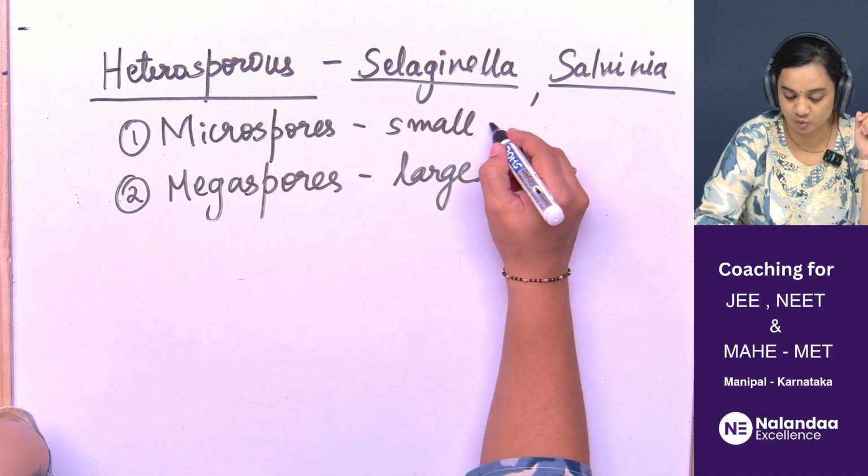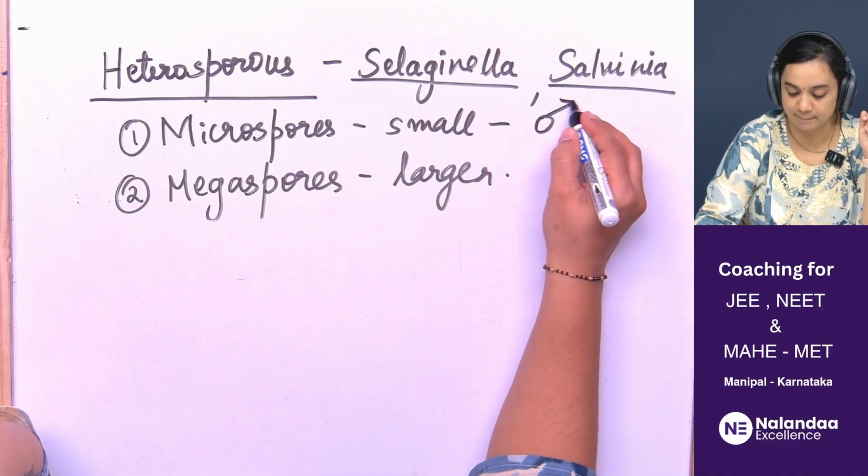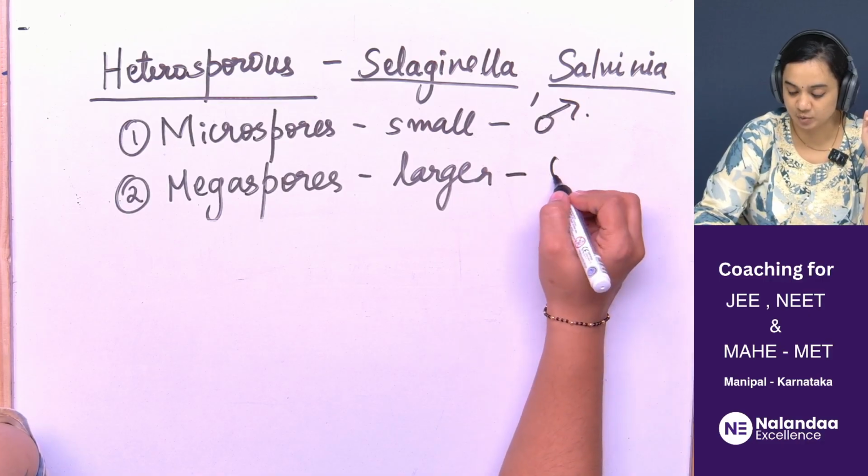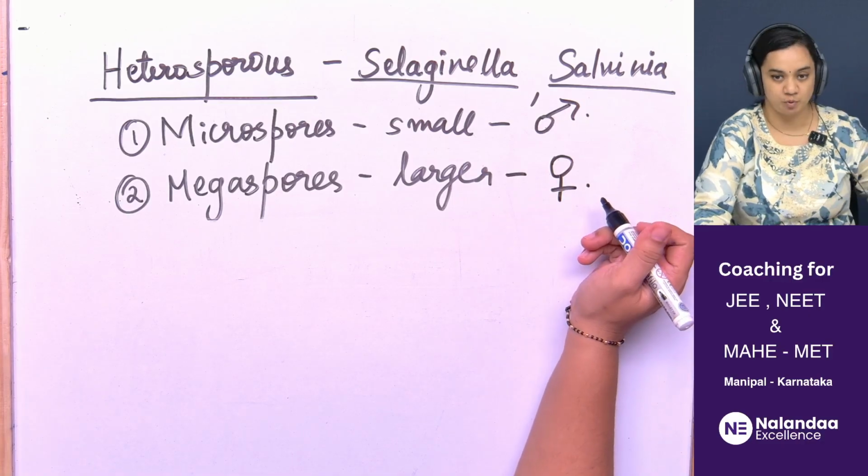So these microspores are generally considered to be male spores and megaspores are considered to be female spores.